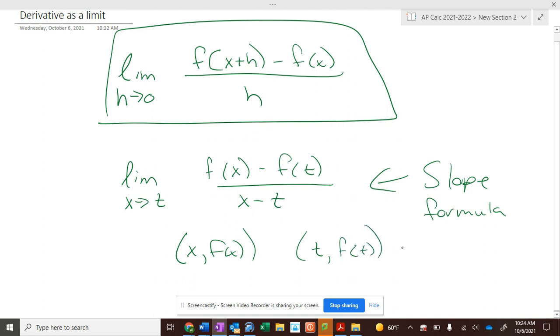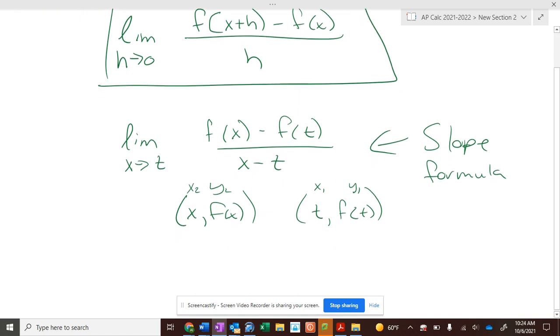It would be x2 and y2 and x1 and y1, so y2 minus y1 over x2 minus x1, slope, okay? Derivatives are slope. So let's look at a function here.